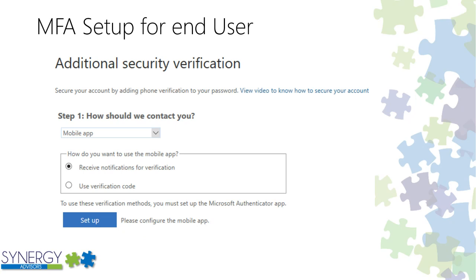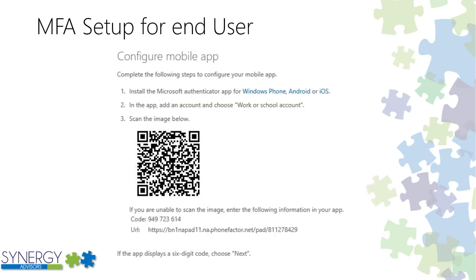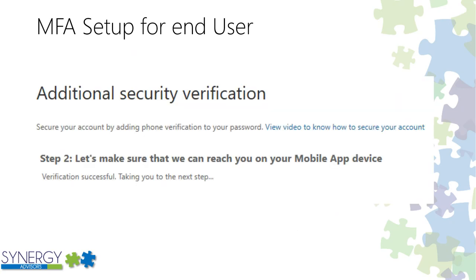The mobile app will be the only authorized way to do MFA. Once you have the mobile app downloaded on your mobile device, you can scan the barcode or enter the code in the URL to approve that account. And that account will be successfully registered.